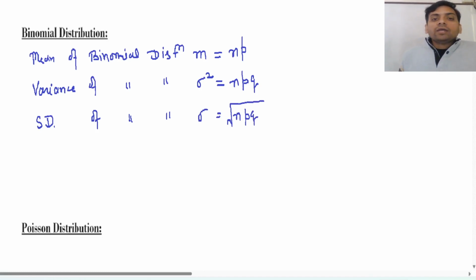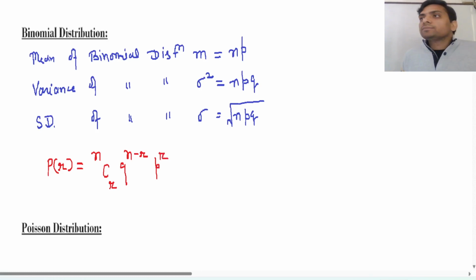Clear? Okay. And formula for probability in case of binomial distribution is what? Probability of r successes equals nCr, q raised to the power n minus r, and p raised to the power r.